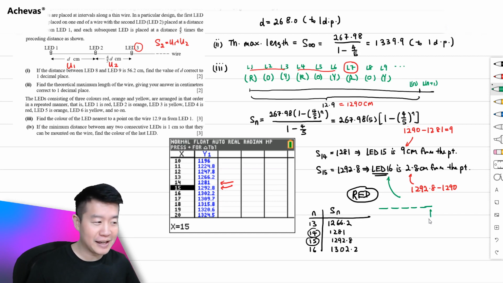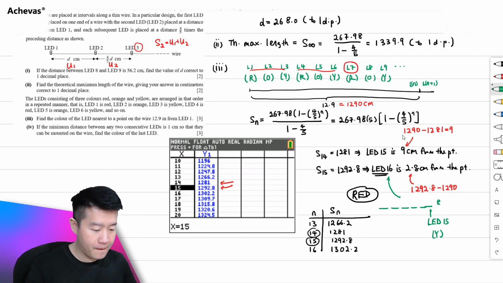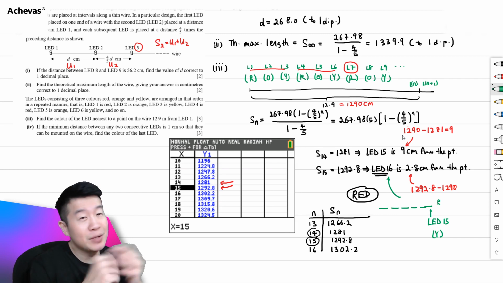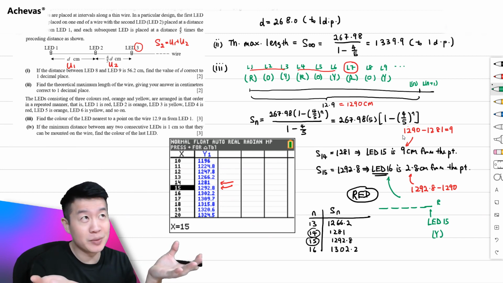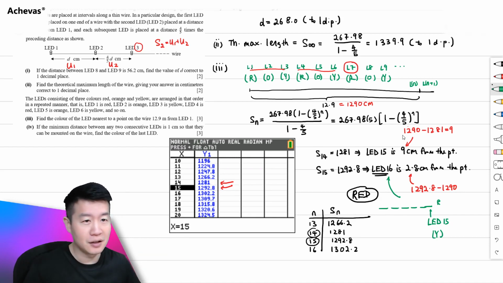So when it is at LED 15, it is going to be yellow, which means that LED 16 is going to be red color. Similarly, LED 9 should be yellow color. Then LED 10 should be red color.